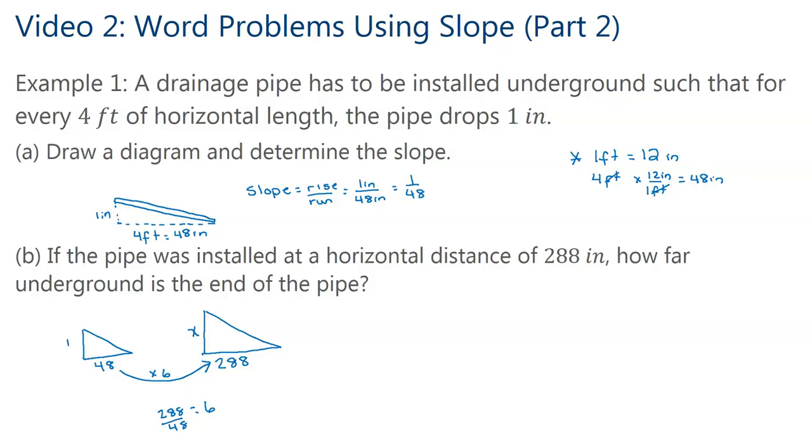So that means that X is going to be 6 times this number here. X equals 6 times 1, which is 6. So now we can say that the pipe is 6 inches underground.